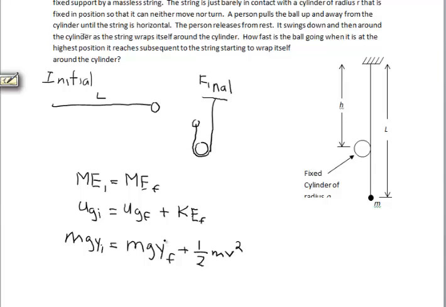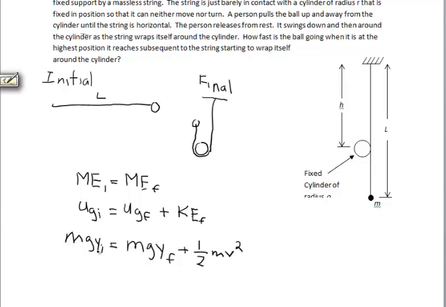So it looks straightforward. The really only difficult spot is those heights. The initial spot, because it's all the way up horizontally, I think it says that in the problem, it's L above the lowest position.